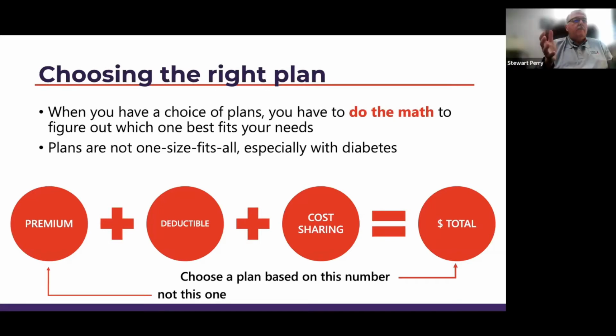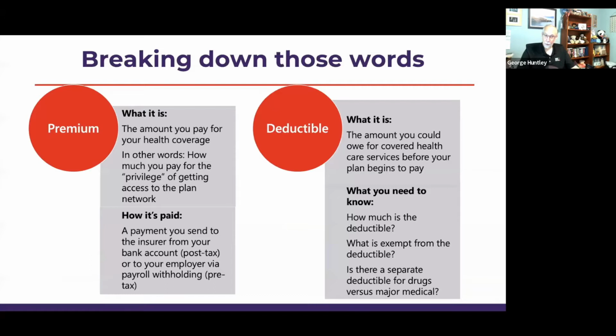So George, everybody knows what a premium is because we either have it deducted from our check or we have to write a check or use a credit card for it. Can you break down premium and deductible for us a little bit? Absolutely. The premium is the amount you pay for your health coverage. It's the entrance fee for the privilege of joining the plan, like joining Sam's Club, and this gets you access to the network, such as Cigna, Aetna, or Blue Cross.